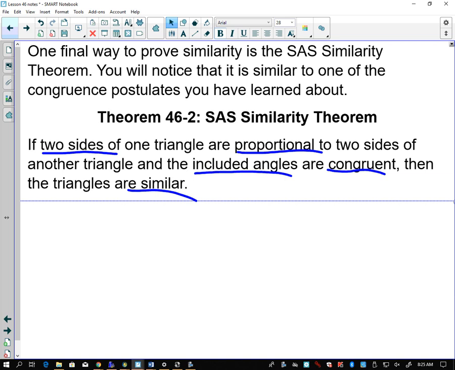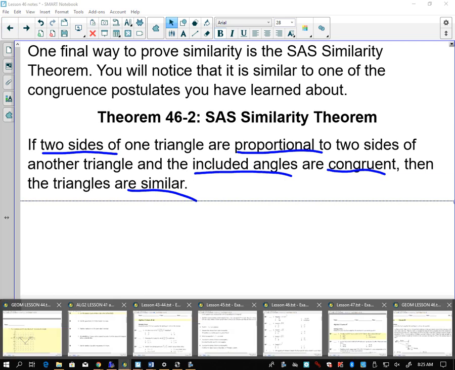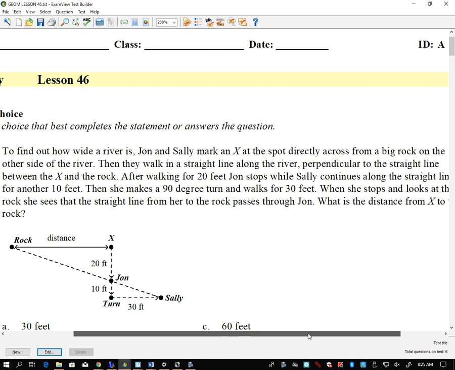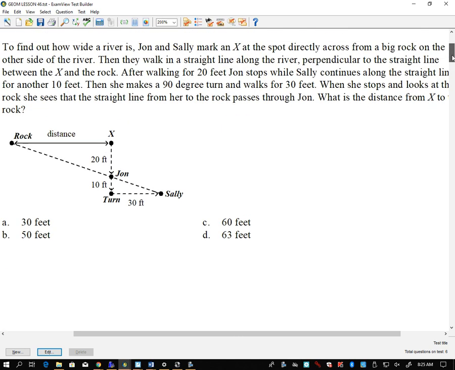Okay, so let's see if we can take a look at a question here. All right, here's a real world situation where they're using similarity. Now, as dull as some of this stuff is, it actually does have a real world use, because sometimes we want to measure things that are immeasurable in terms of convenience.